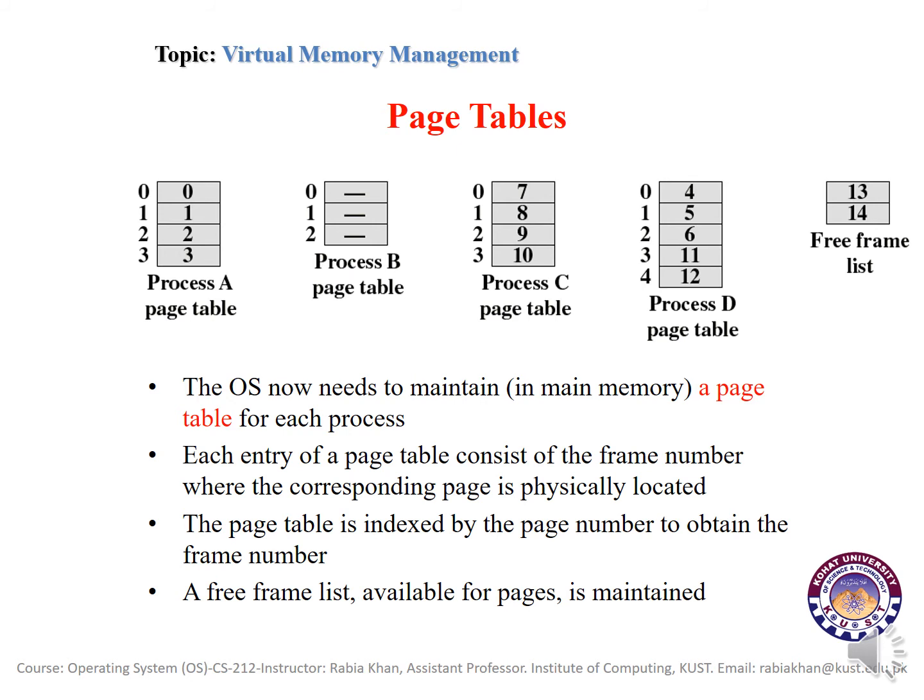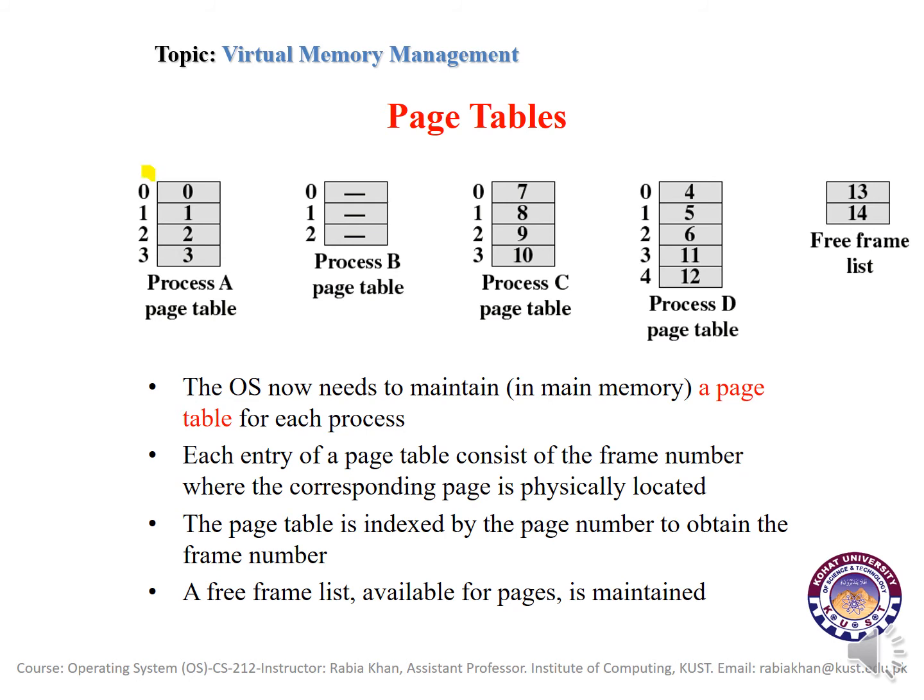Operating system also maintains a page table with every process in main memory. Every process has its respective page table. Every entry of the page table contains the frame number of memory where the corresponding page resides in main memory. Page table is indexed by the page number.